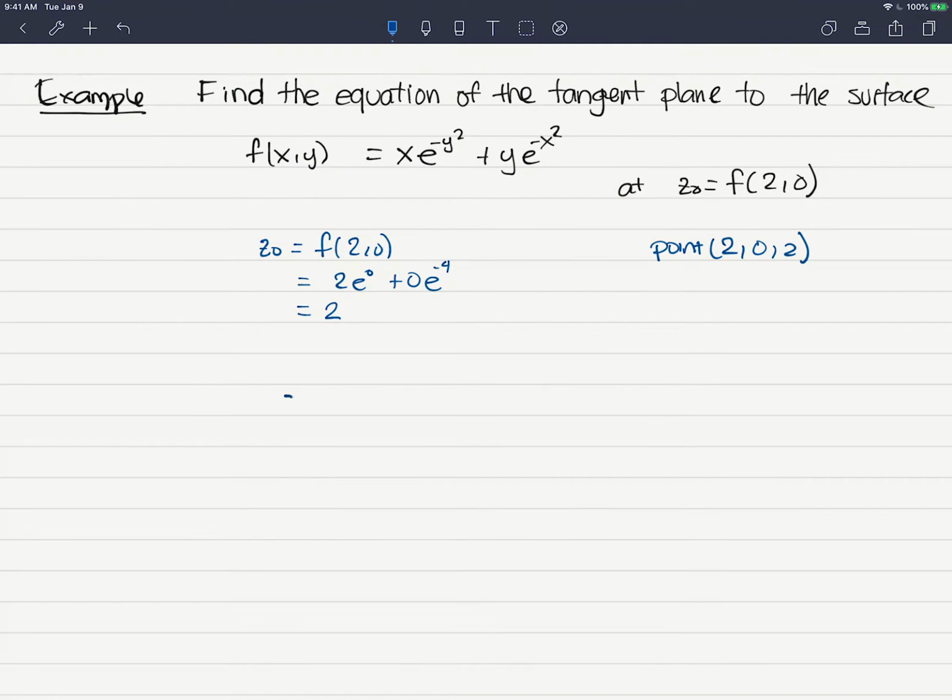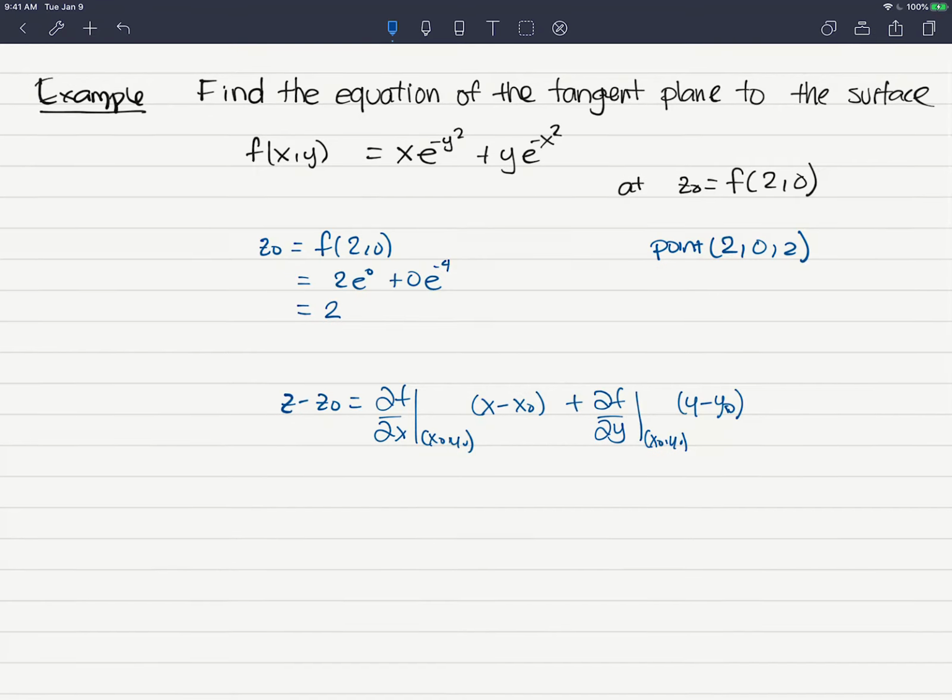It has the form z minus z0 equals the partial of f with respect to x evaluated at the point (x0, y0), times x minus x0, plus the same thing for the partial of f with respect to y evaluated at the point, times y minus y0. There's another video where I explain why this is the tangent plane to the surface. Okay, so all we're going to do now is find these partial derivatives.